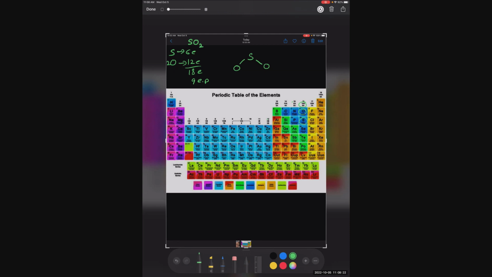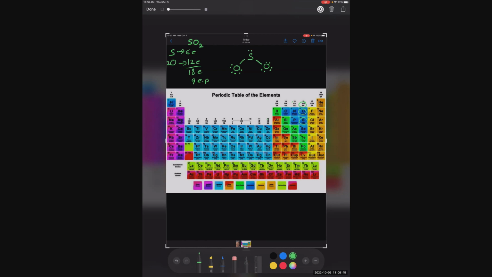Once we have the skeleton, we start distributing the 9 electron pairs, starting with the outer atoms, which are oxygens. So we have 1, 2, 3, 4, 5, 6, 7, 8, and the ninth should go here.